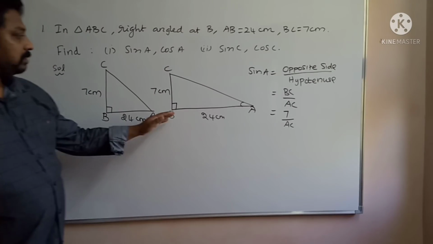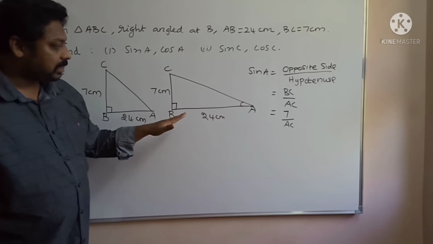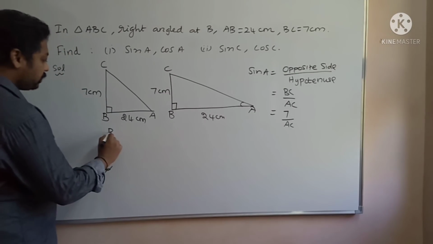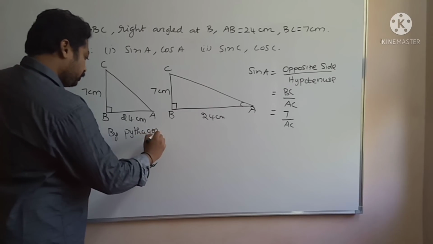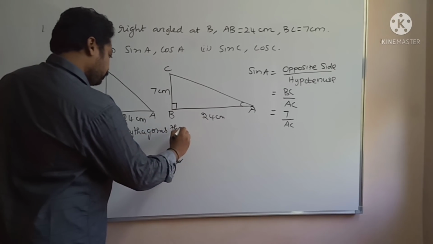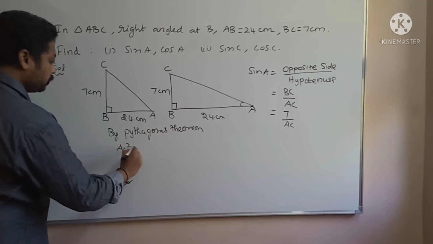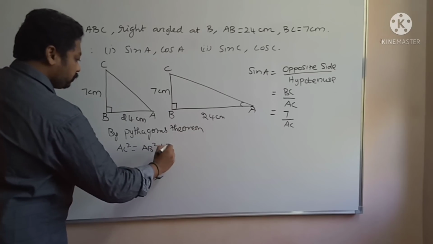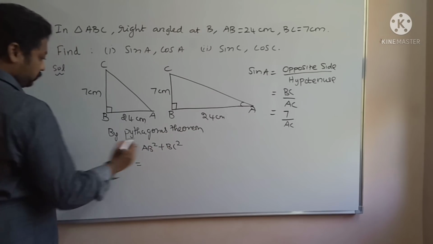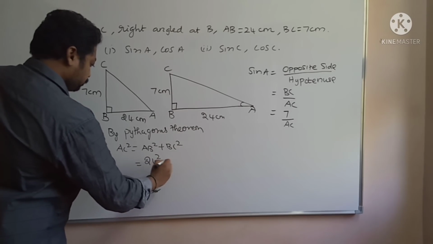Yes, so we apply the Pythagoras theorem. Angle CBA is a right angle triangle. So by Pythagoras theorem, hypotenuse square is equal to sum of square of other two sides. What is AB? AB is 24, so 24 square.